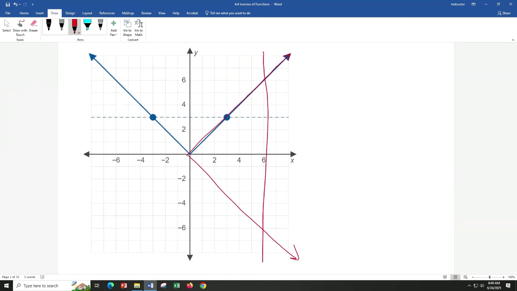It didn't pass the vertical line test. But also, before I even found the inverse, what did it also not pass? The horizontal line test. So it failed the horizontal line test. And so therefore, if it fails the horizontal line test, you will not, hear my words, you will not have a function when you invert it. When it becomes the inverse, you will not have a function.